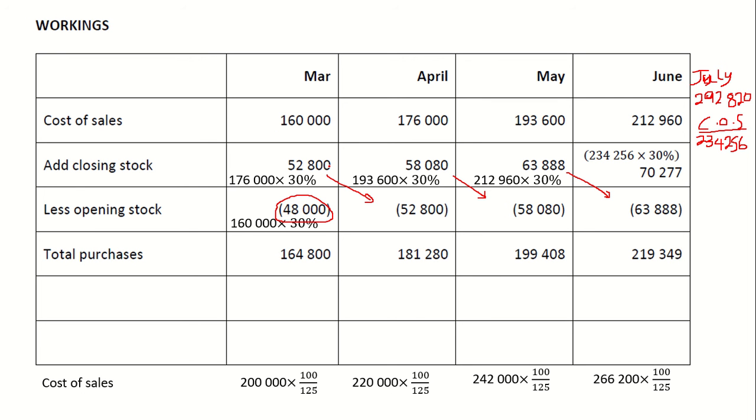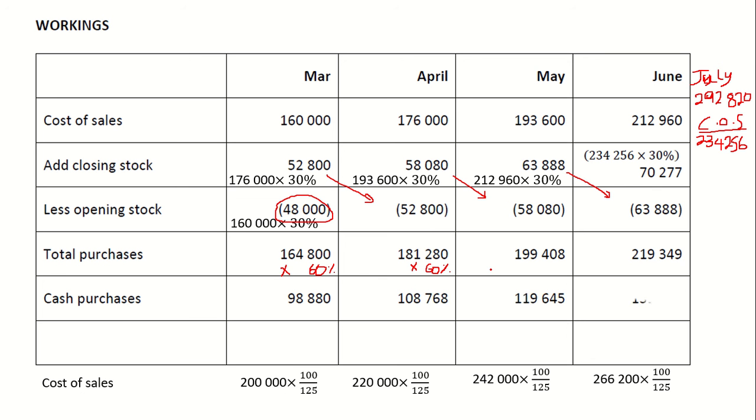Now I can start splitting my total purchases. My purchases, 60% of my purchases are on credit. So if you take 164,800 and multiply it by 60%, it'll give me my cash purchases for March. Similarly, that will give you my cash purchases for April.